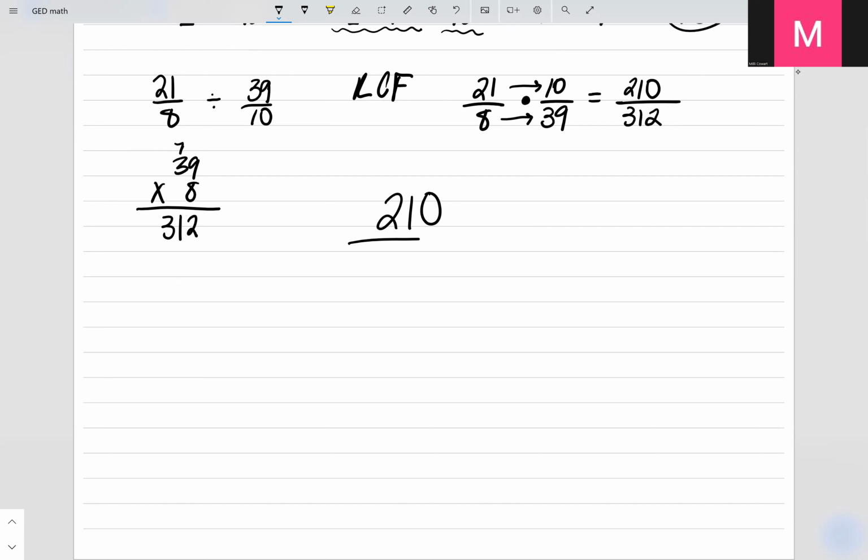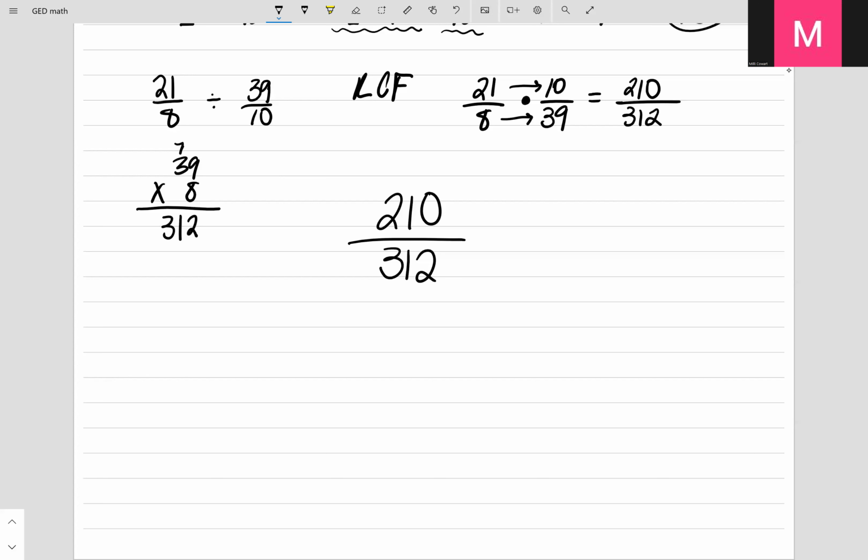So if we have 210 over 312, the easiest way to simplify this would be to do the prime factorization. To find the prime factorization of this fraction, we're going to change it to all the prime factors of 210 on the top and 312 on the bottom.